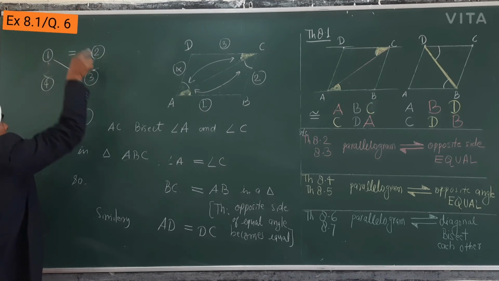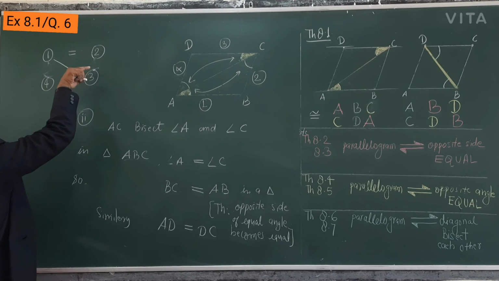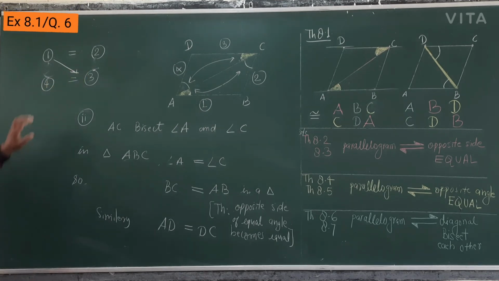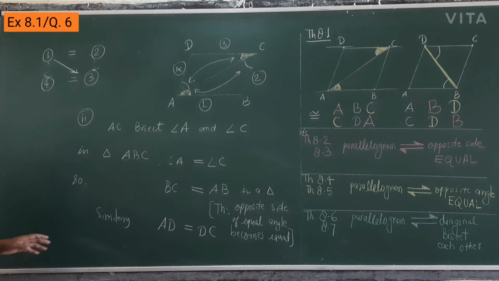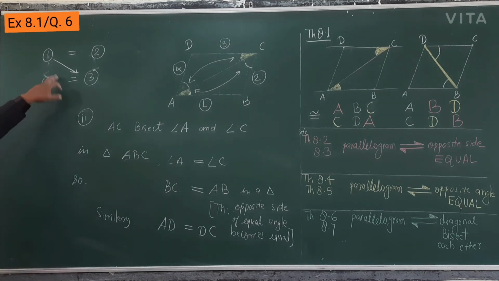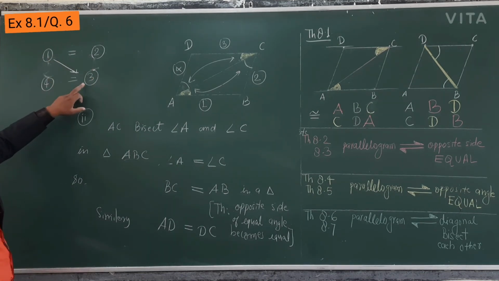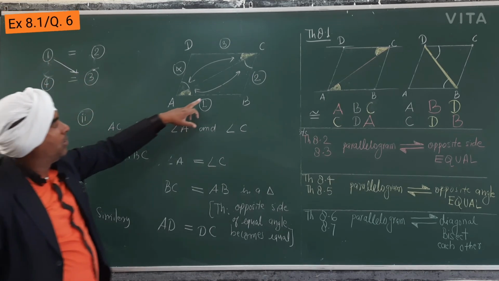So all are equal. Only one link is required. Here any link is there. This is another third relation. So all sides are equal. We need not prove all sides are equal. Means only three relations: 1 to 2, 3 to 4, and 1 to 3 or 2 to 4.